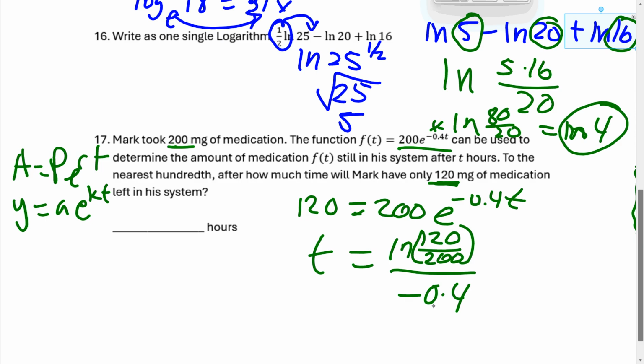So ln of 120 over 200, close that parenthesis off, and then divide by negative 0.4. And I'm going to round, 1.277. So approximately a little after an hour, right? So there's my t. All right, next problem.